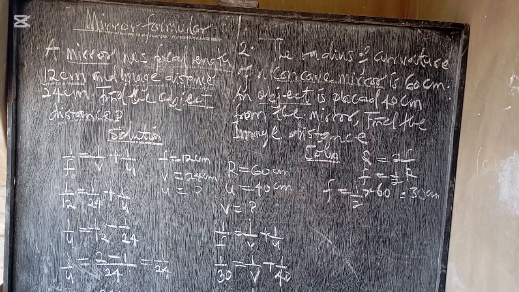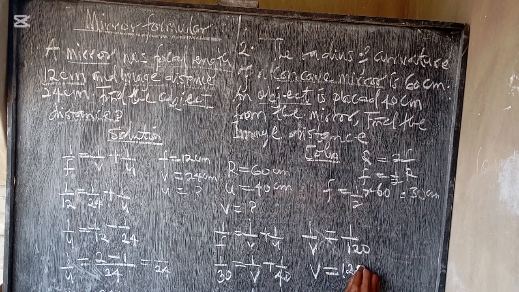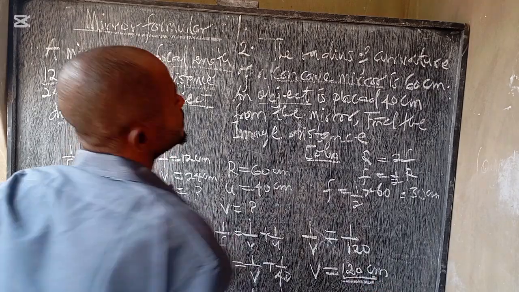So 4 minus 3 is 1, and 1 over v will be equal to 1 over 120. Therefore v is equal to 120 centimeter.